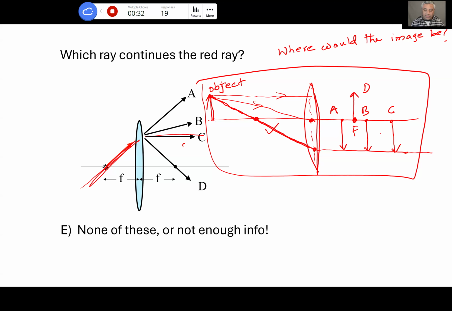Okay, which one represents the image, let's say? 30 more seconds.